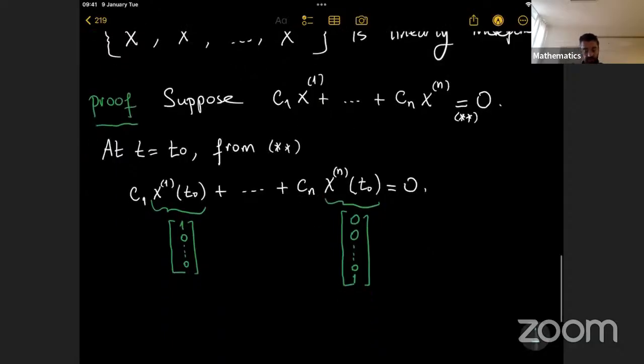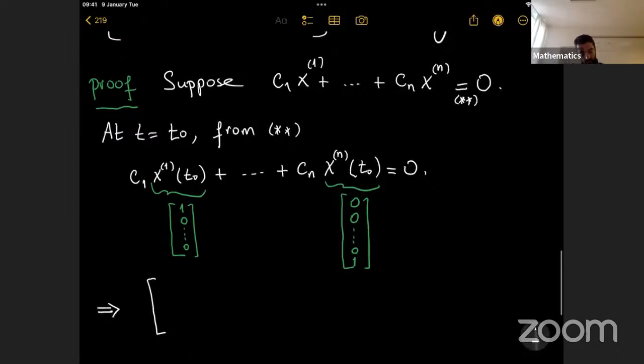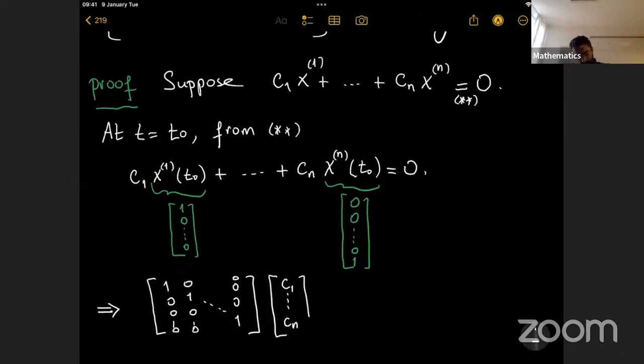So what you get from this is basically the matrix with 1, 0, 0, 0, then 0, 1, 0, 0, and you continue like this, 1 here, all others 0. The identity matrix times (C1, ..., Cn) is equal to (0, ..., 0).